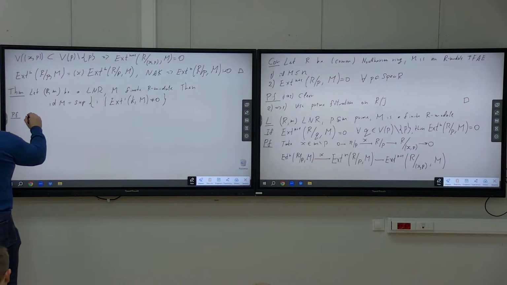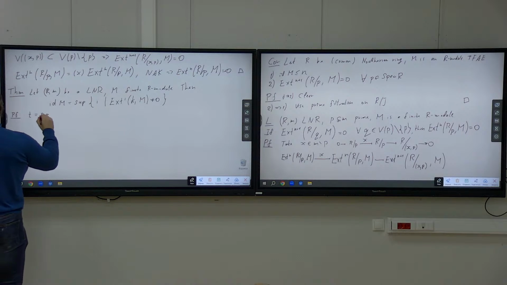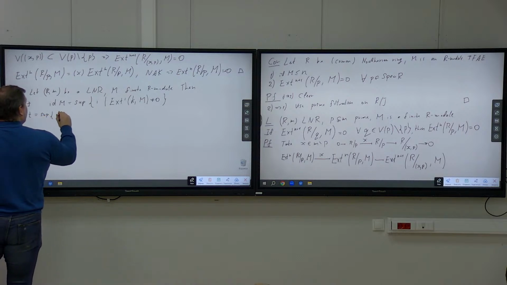First of all, let me fix some notation. Let's say that T is by definition this supremum that we have in this statement.